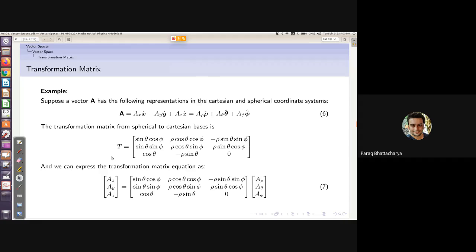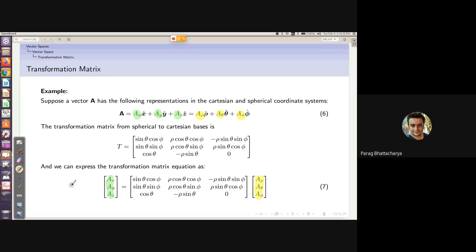Which means if you know the components A rho, A theta, and A phi, you can find out what are Ax, Ay, and Az using this matrix. Just multiply this matrix with these components, and that is going to give us this.